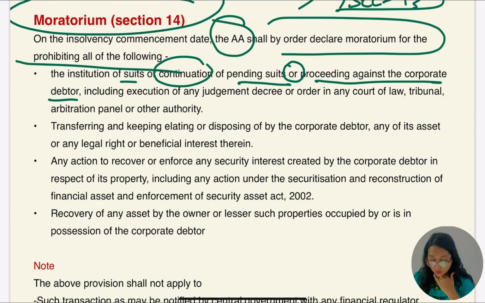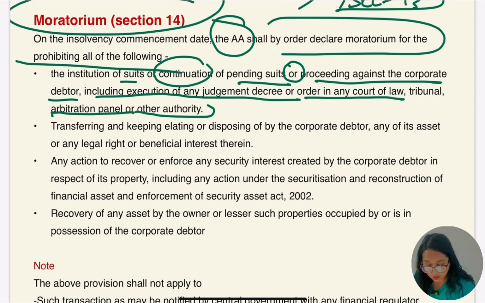The corporate debtor. Including execution of any judgment, decree or order of a court, tribunal, arbitration panel or any other authority, it is going to cease there. Nothing is going to happen.